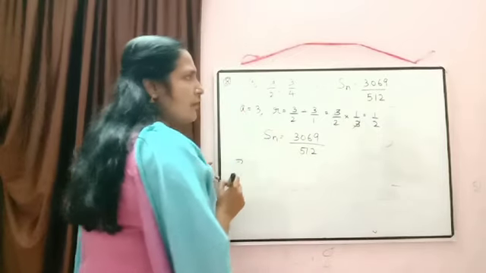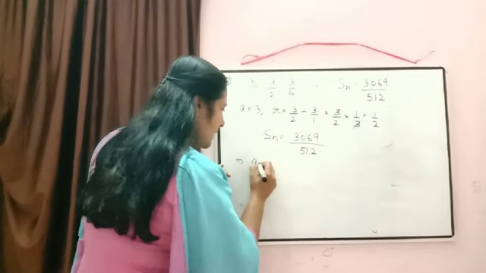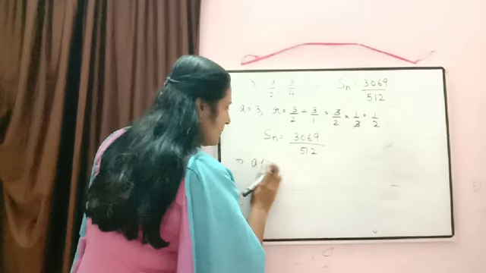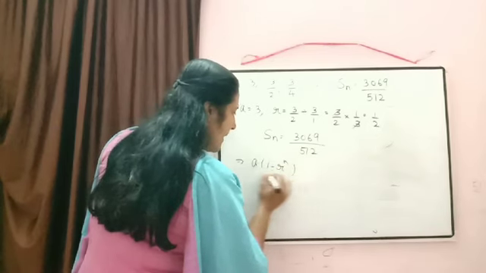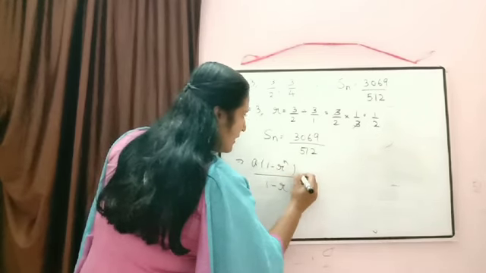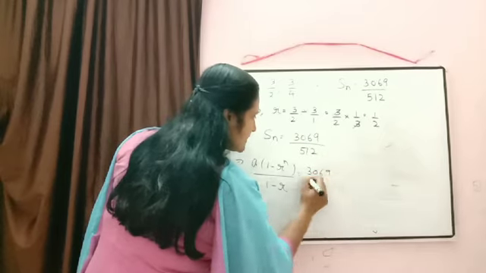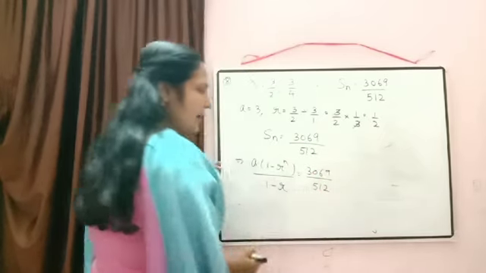According to the formula of Sn, it will be A into 1 minus R raised to n by 1 minus R, equal to 3069 by 512.